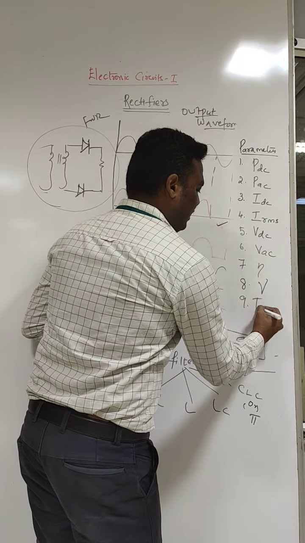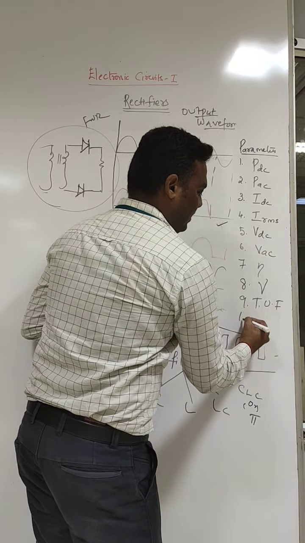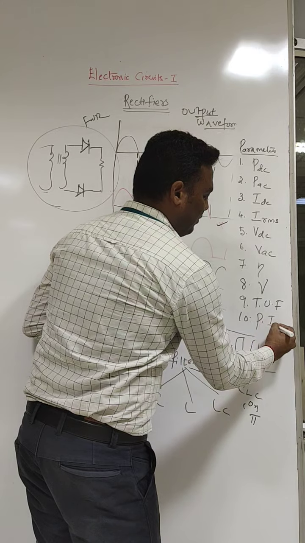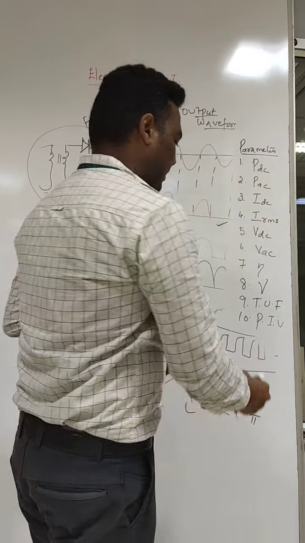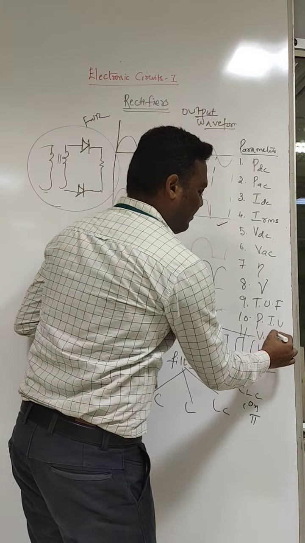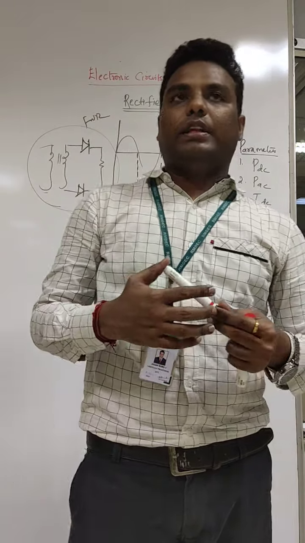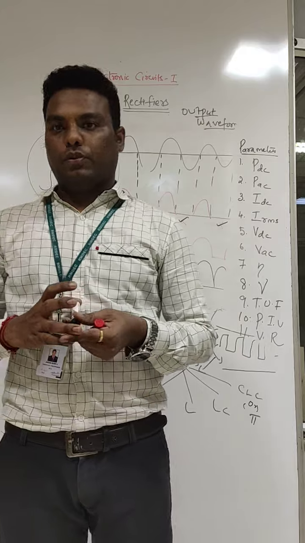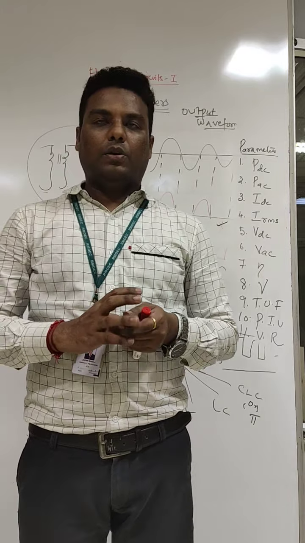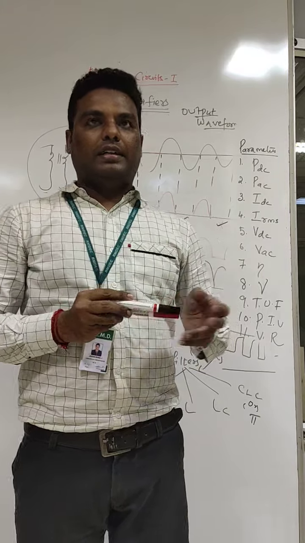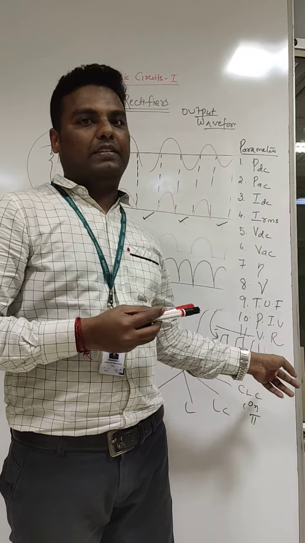Next, transformer utilization factor. Then peak inverse voltage. The final one is voltage regulation. These are the parameters we need to calculate for all the rectifiers, including half wave, full wave or bridge rectifier. Okay, thank you students. We will discuss the derivation of these parameters in the next session.